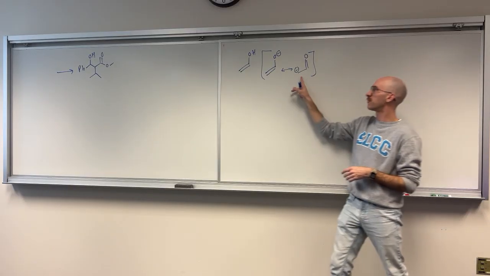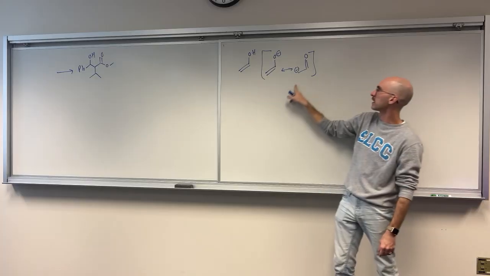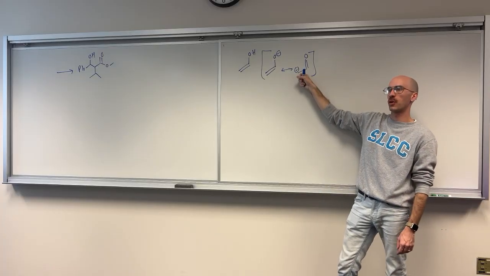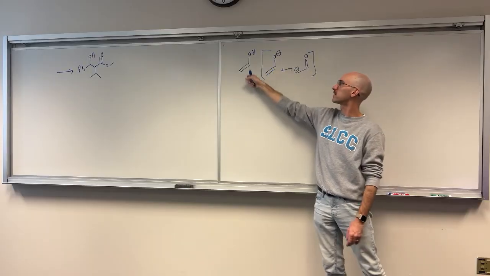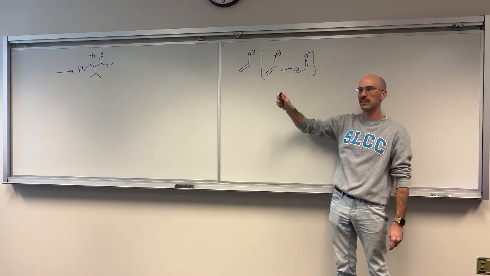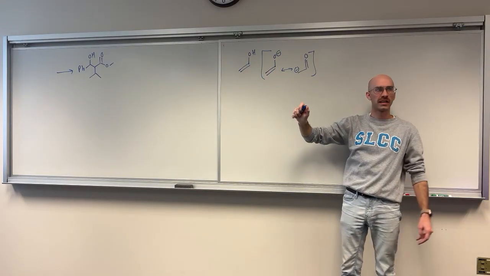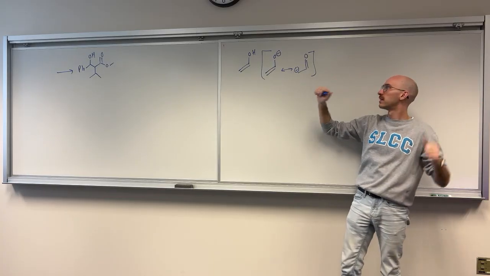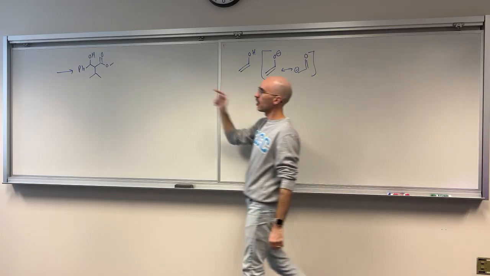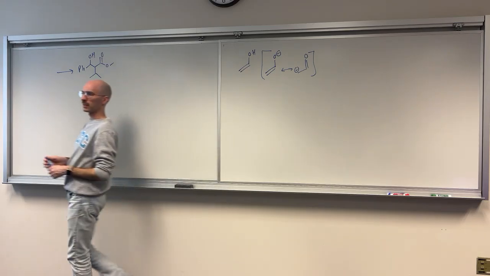So we generally form enols by having a carbonyl, deprotonating the alpha carbon, having resonance to the enolate, and then protonating that enolate. But in terms of equilibrium, the ketone is favored, not the enol. So no enol here, no enolate.